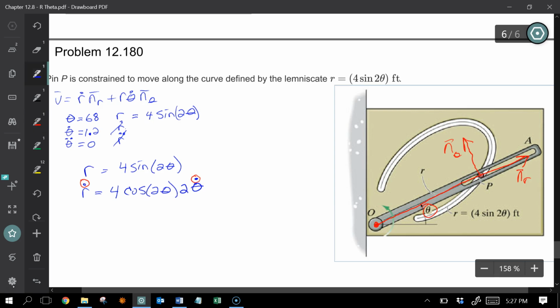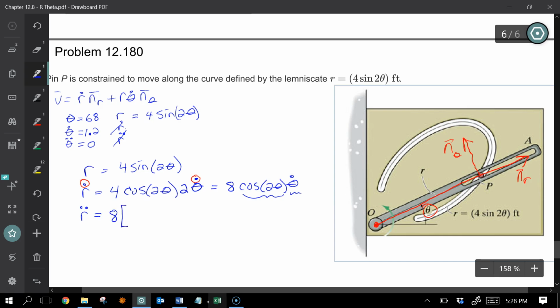Okay, now let's find the r double dot. I'm going to treat this as a product, but let me simplify a little bit. 4 times 2 is 8, so it's 8 times cosine of 2 theta times theta dot. I'll treat it like a product: the first term is cosine of 2 theta, and the second is theta dot. Bring the 8 out in front because it's a constant.